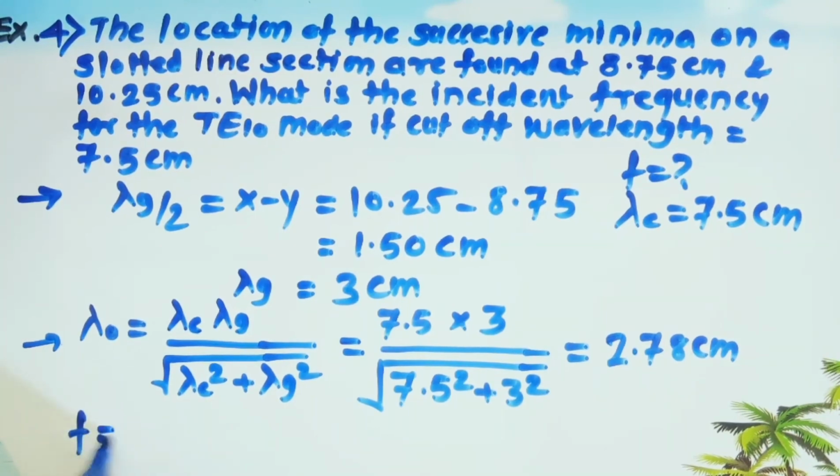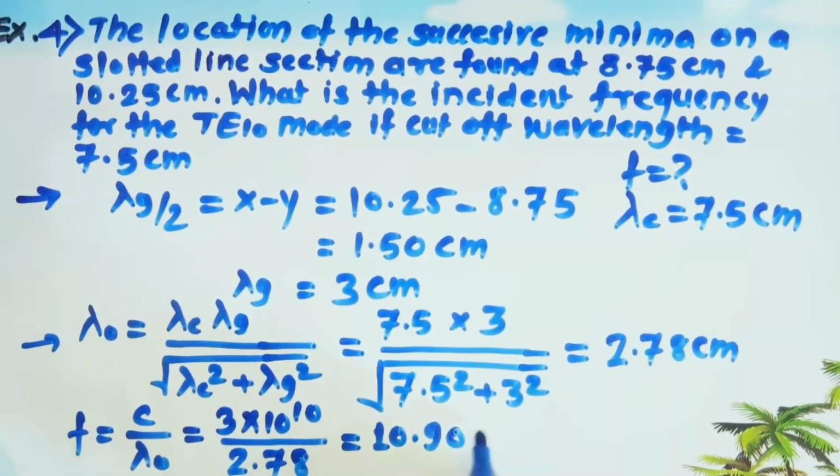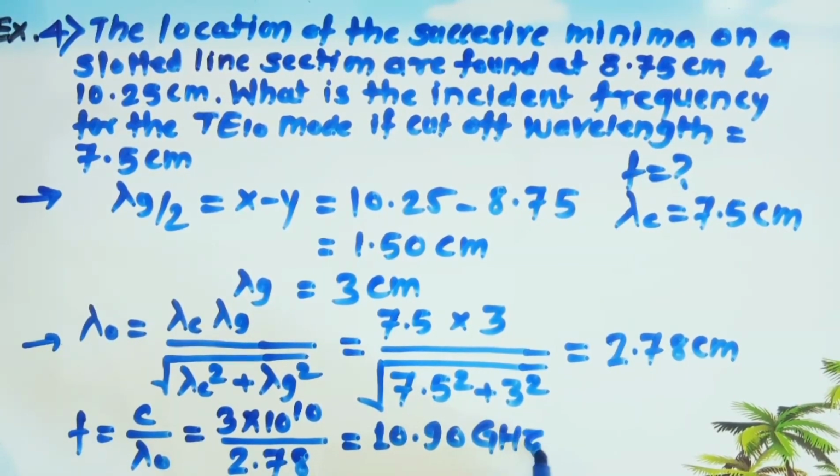So f becomes equal to c divided by lambda 0. So the value of c we can write directly in centimeter per second: 3 into 10 raised to power 10 divided by 2.78. Okay, so this becomes equal to 10.90 gigahertz, and this is our answer.